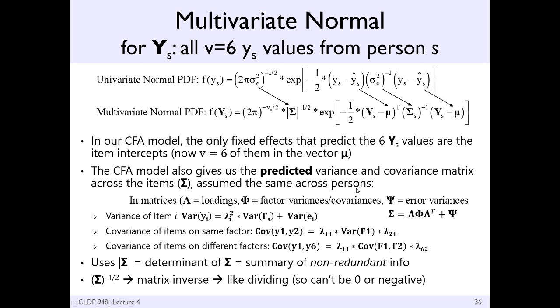Sigma then shows up again in here, as well as the mean vector that characterizes all of your items. So point of the story, though, once you know a guess for all your loadings, your factor covariances, and your item means for each person, you get f of y, which is a number.